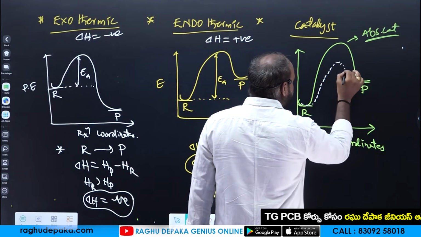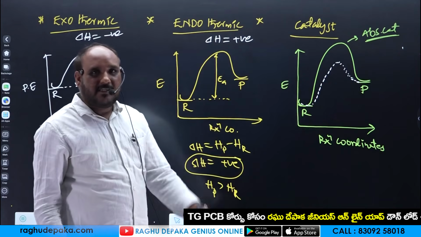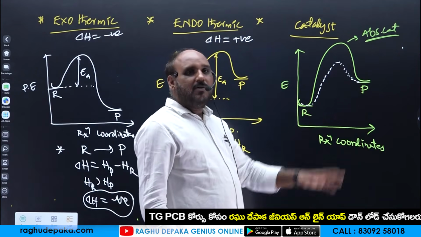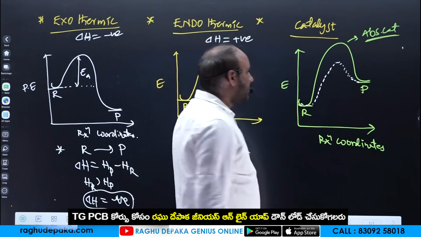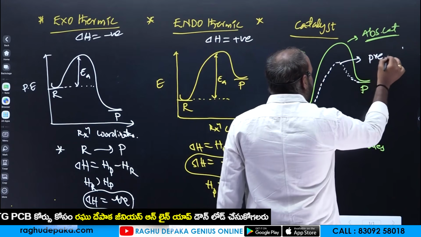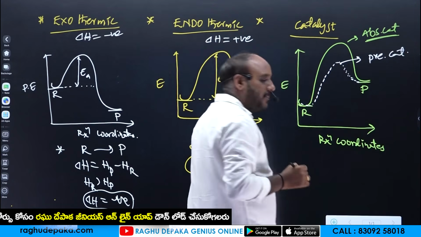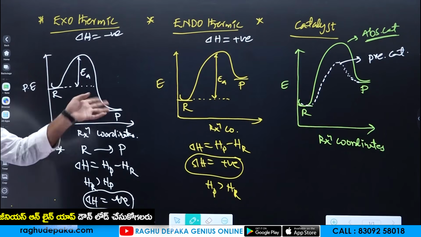Reducing the activation energy means the rate of the reaction will increase. The reaction will be carried out in less time as compared to without catalyst. So this indicates the presence of catalyst.